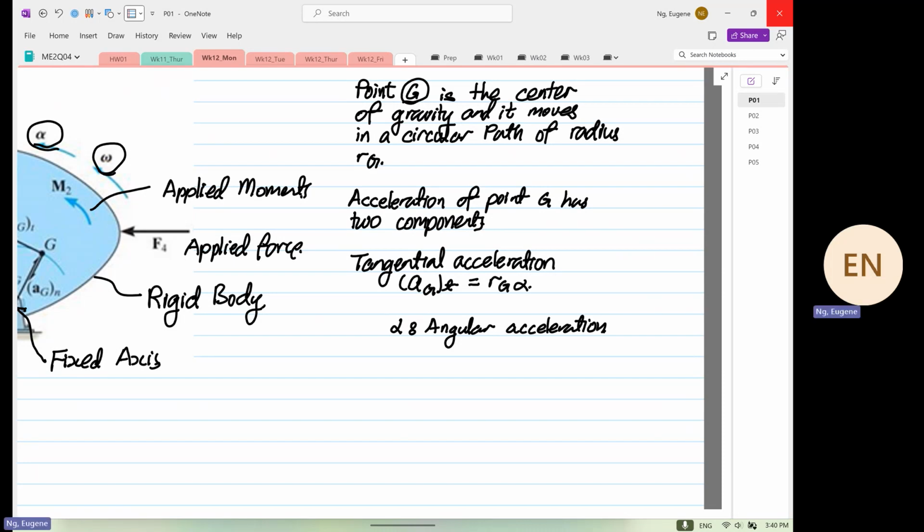Then we have another component, the normal acceleration, AGN, which is equal to omega squared RG, where omega is the angular velocity.